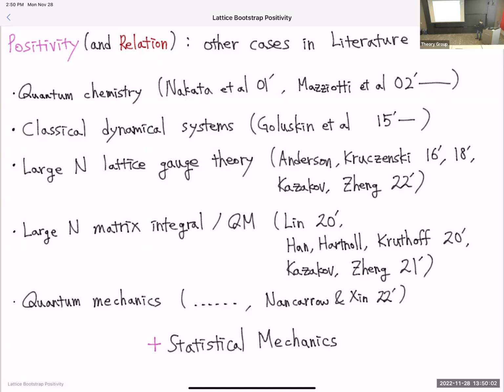This Nepomechie and Shin work, which was published early this month, actually takes into account something analogous to crossing in the numerical conformal bootstrap. I would say that their work now puts quantum mechanical bootstrap on the same level as the numerical conformal bootstrap. It's a beautiful paper, which I recommend you read if you haven't done so already. And today, I'm going to add to this list the case of statistical mechanics. Okay.